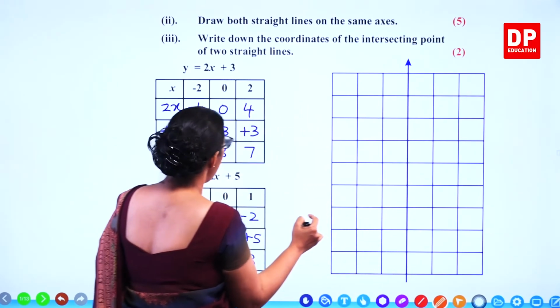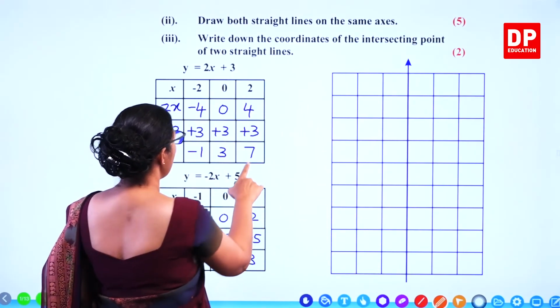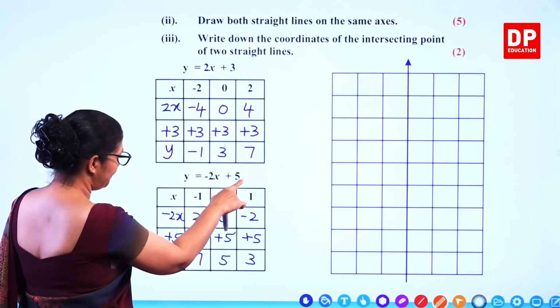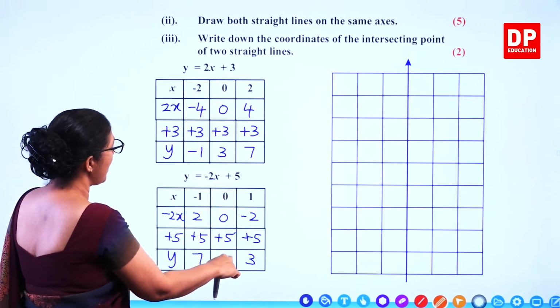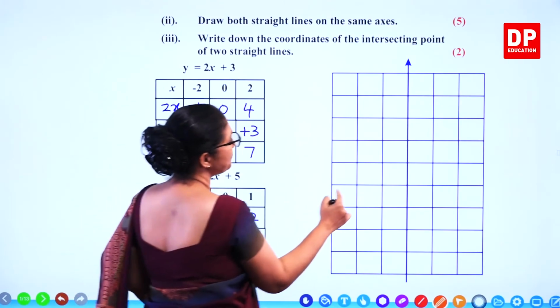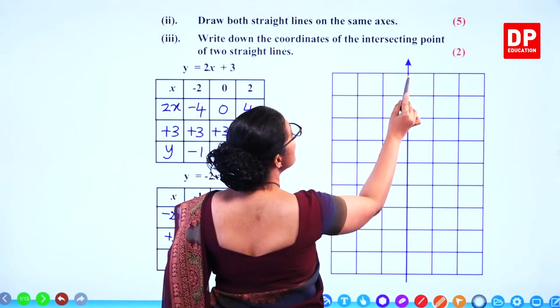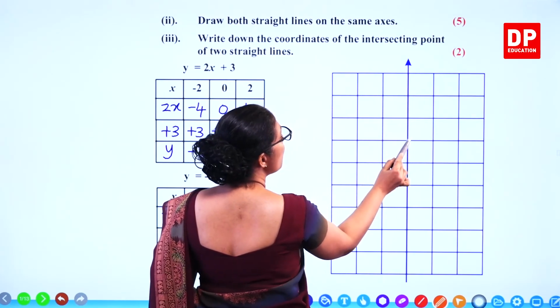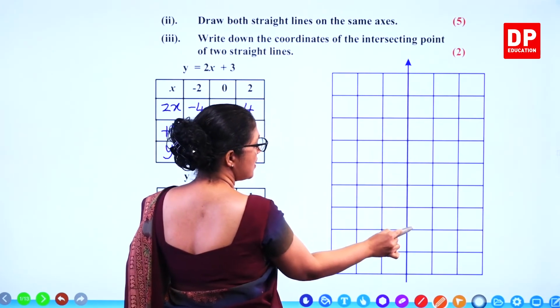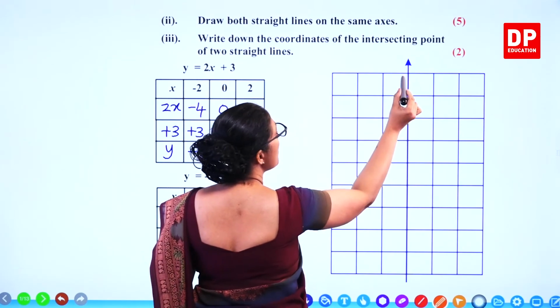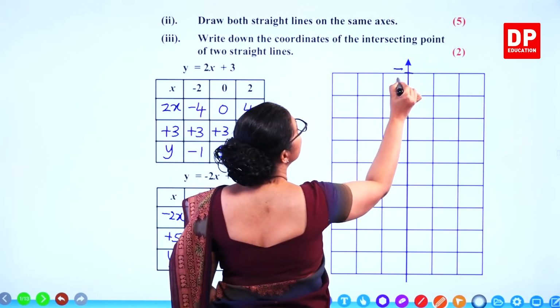y-axis, and what are the values of y? 7 is there. 7 is the maximum. So if you take 7, 6, 5, 4, 3, 2, 1, 0. Yeah, so we can take this one as 7.